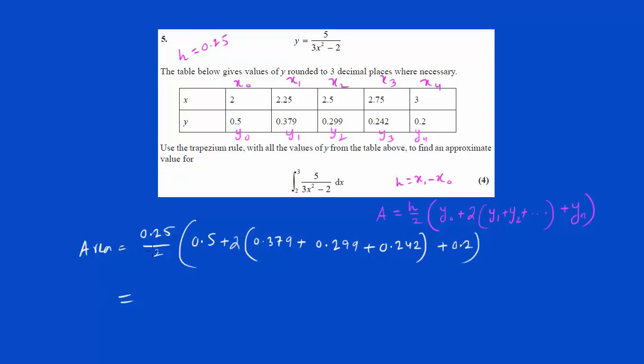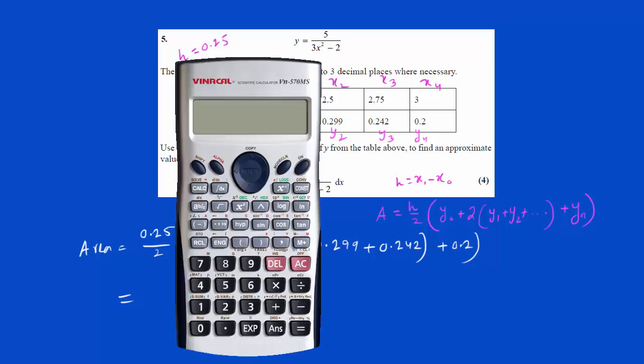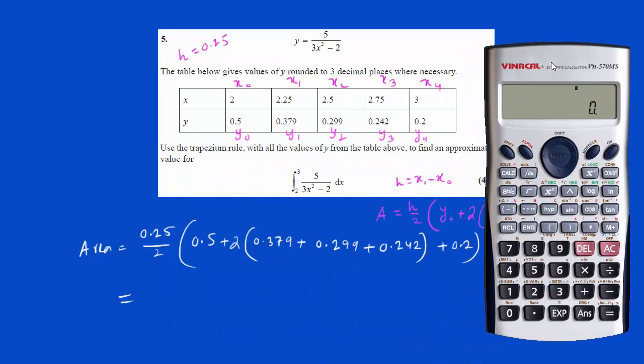And now we have to calculate this. Now when you calculate this, remember, to avoid errors, the best thing to do is to start with the innermost bracket. So the innermost bracket is 0.379 plus 0.299 plus 0.242, which equals 0.92.